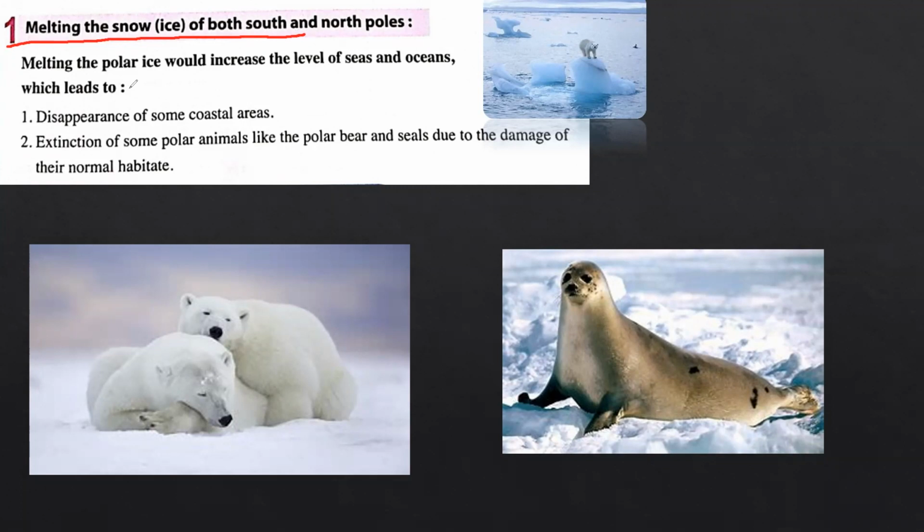The melting of the ice will also cause other things, which are the disappearance of some coastal areas and the extinction of some polar animals. So some areas will disappear, and some animals will be extinct. Like what? Like the polar bear and the seals.